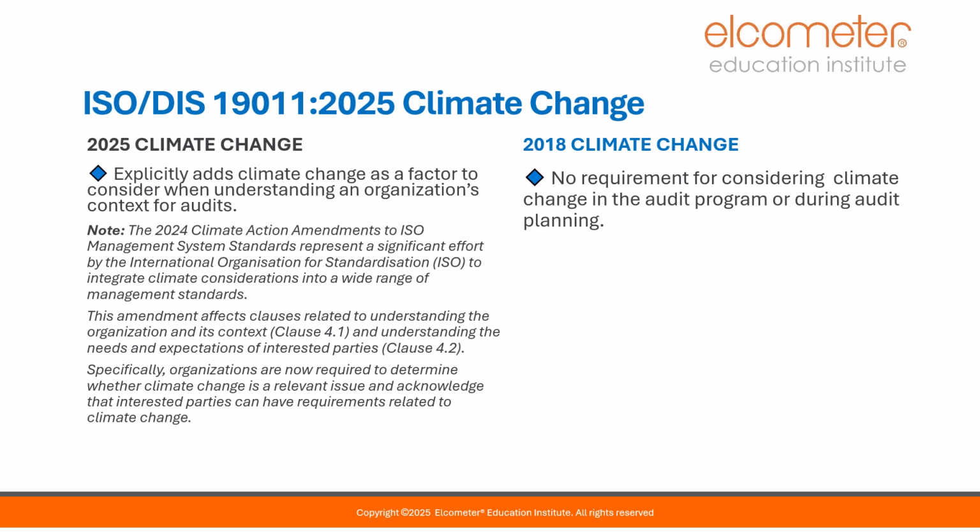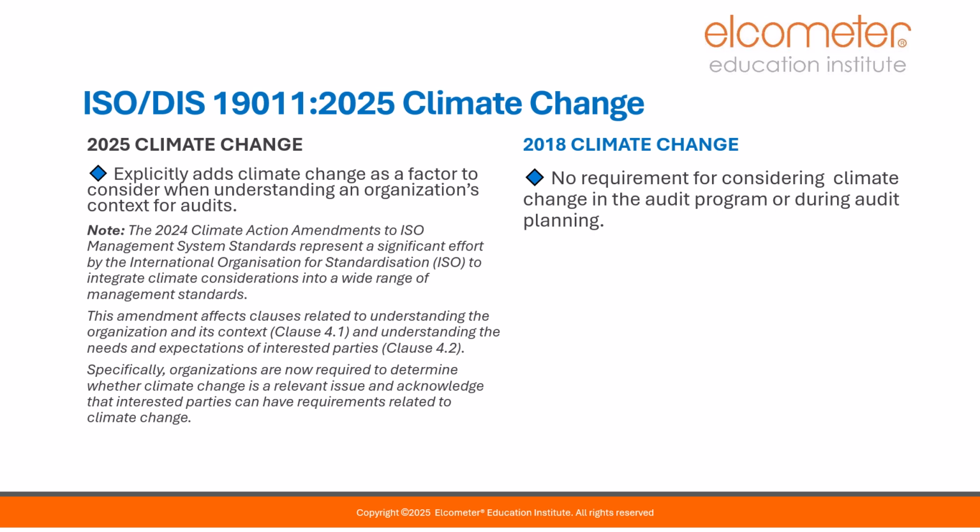The 2025 revision introduces climate change as a factor to be considered when assessing an organization's understanding of and response to internal and external issues relevant to its context. In support of this, the International Organization for Standardization, known as ISO, released the 2024 Climate Action Amendment to incorporate climate-related considerations into various management system standards.